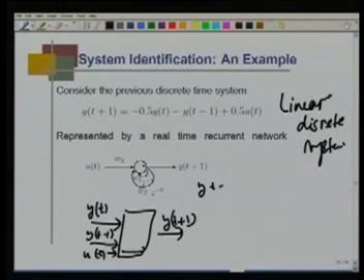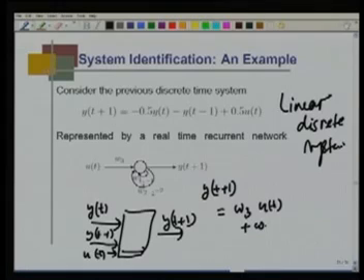because this is a linear discrete system, in this case y t plus 1 is simply W3 u t plus W1 y t plus W2 y t minus 1.